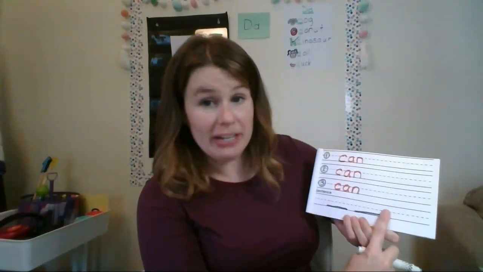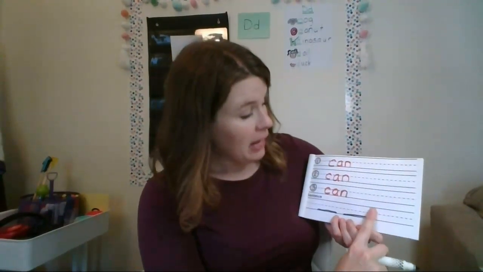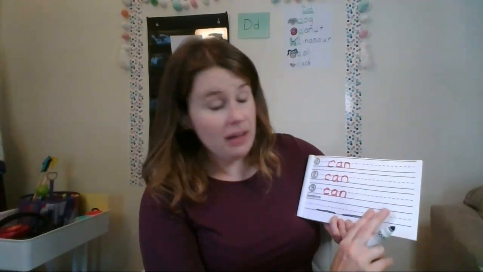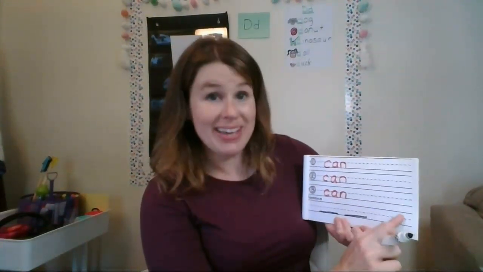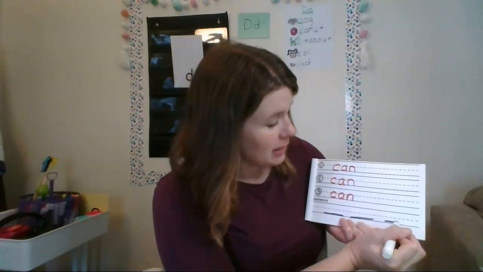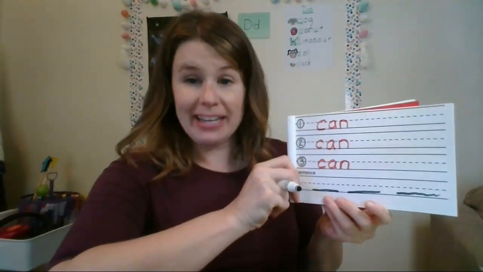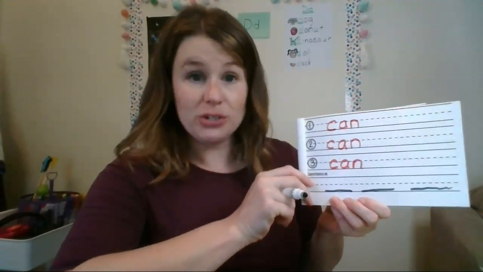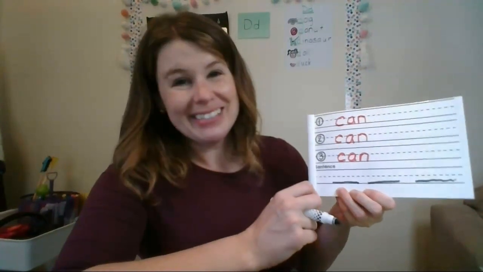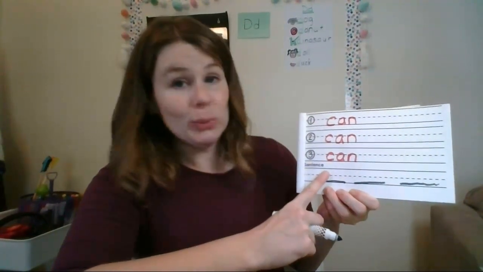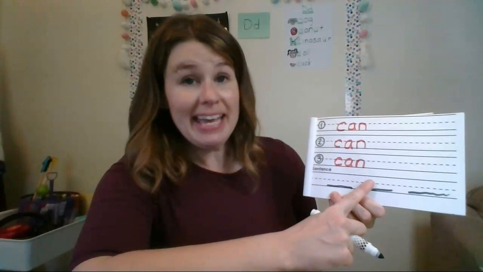Remember, put your finger right down on the paper, and then you're going to draw your line on the other side of your finger because we read going this way. We can, finger space, dance. Point to each line and say the word that you're going to write with me. 1, 2, 3. We can dance.